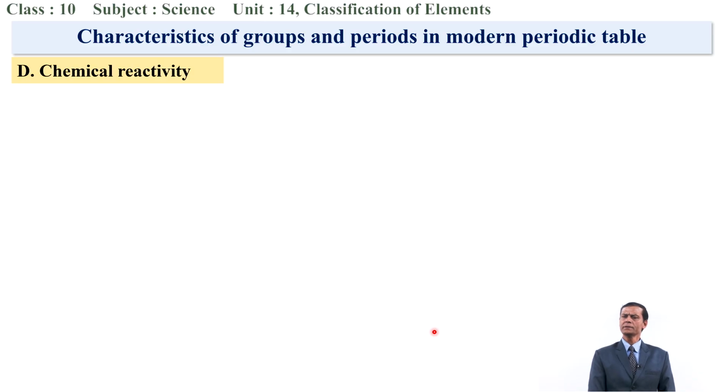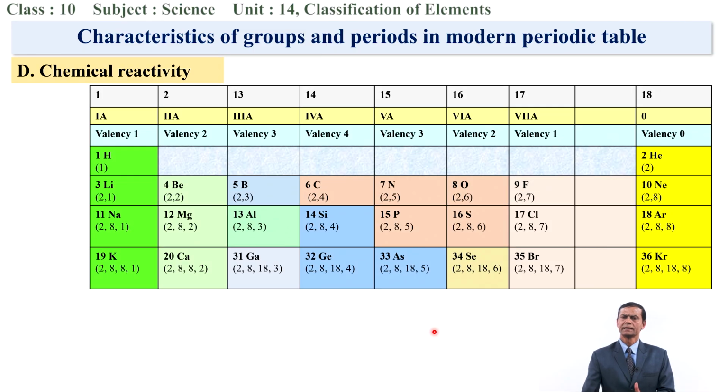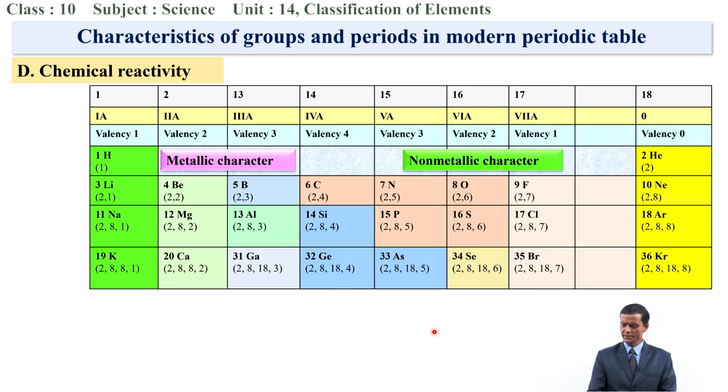Dear students, another property is chemical reactivity. Yes, I have already explained about chemical reactivity and the size of the atom. As the size of the atom increases, it impacts the chemical reactivity also, isn't it? Let's check in metallic elements and non-metallic elements what sorts of chemical reactivity we observe.